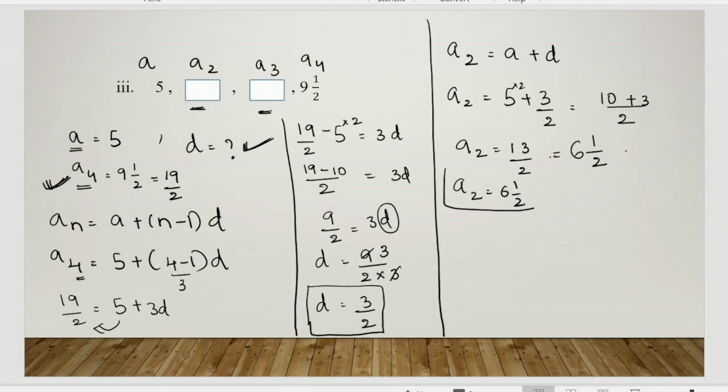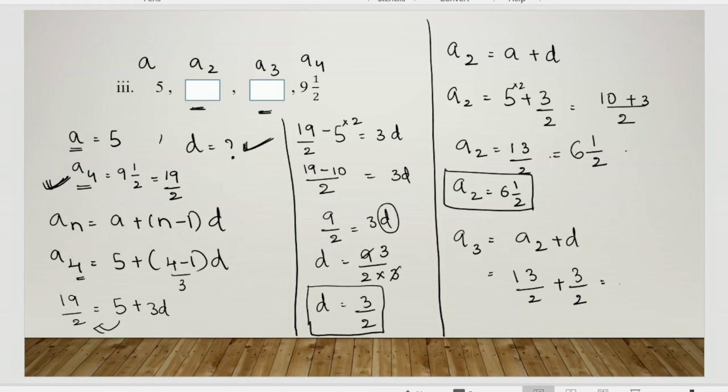Now we need to find A3 as well. By adding the common difference to A2, you will get the third term, right? So A2 is 6 1 by 2, which is 13 by 2, plus the common difference 3 by 2.